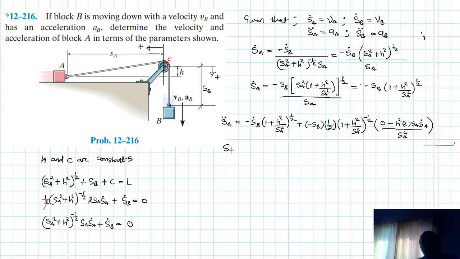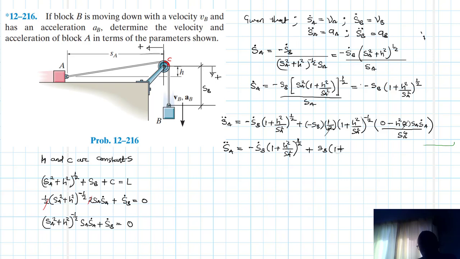Great. So therefore SA double dot, simplifying it, just becomes these 2 and 2 cancel, the minus and the minus cancel, so we only have something like this: 1 plus h squared over SA squared to the power half. And then here we'll have a plus. The 2 and the 2 cancel out, then we'll have SB like this.